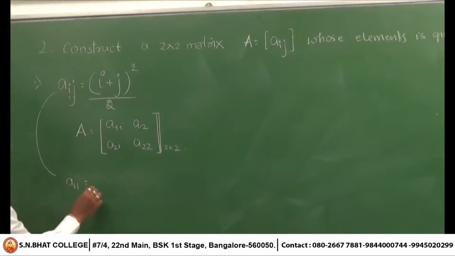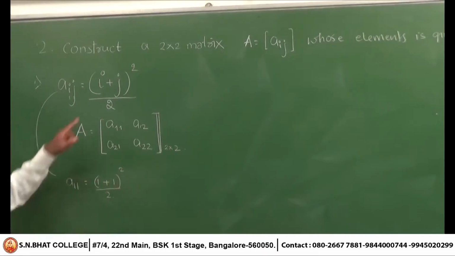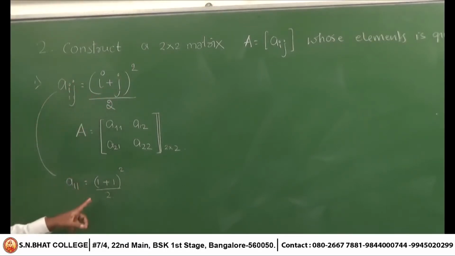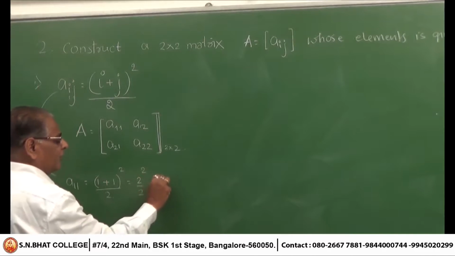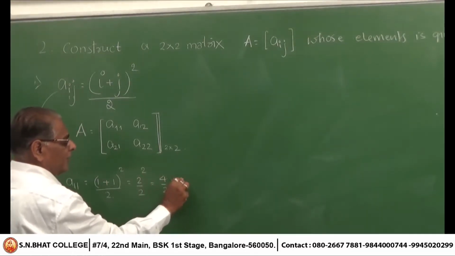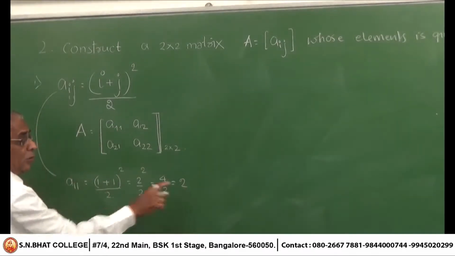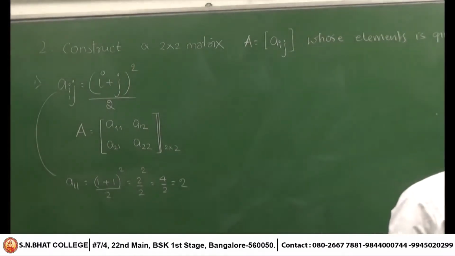It becomes 1 plus 1 whole square divided by 2. This is 2 square by 2, this is 4 by 2. It is nothing but 2. We have calculated the first element A11, which is equal to 2.